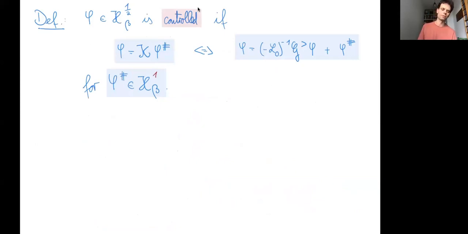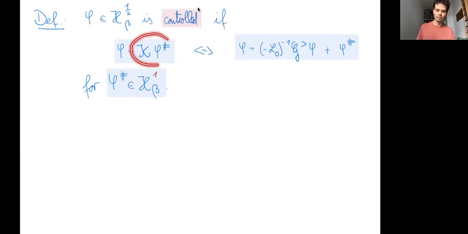So first of all, we call now a phi in this space h1/2 beta controlled if it is in the image of this k operator where we apply the k to elements in h1 beta, and actually beta should be 6, I think, but okay, we will specify the beta soon.